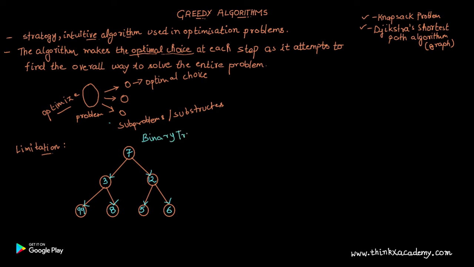As you can see, I have assigned some values on the nodes here. Let's suppose we are given a problem. I'm going to write the problem here. The problem says that you will have to find the path with the largest sum.